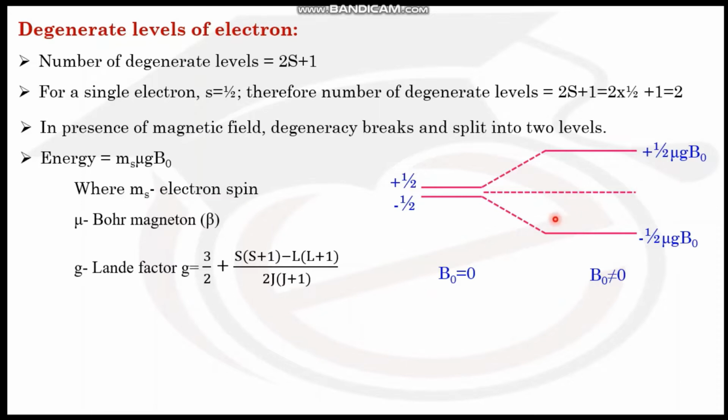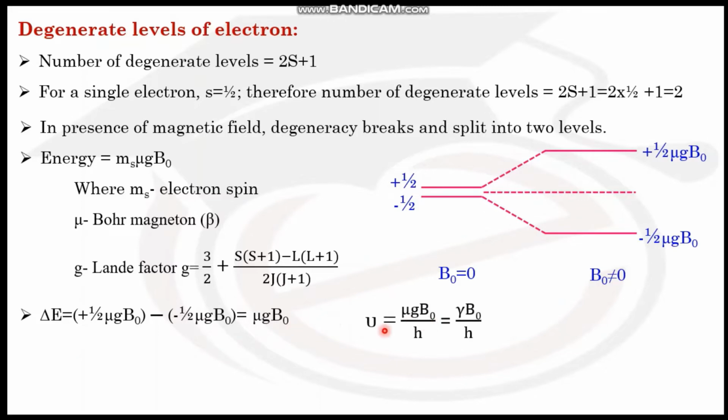Now we can find the energy difference between these two levels, upper level minus lower level, and we get a value of mu g B0. Then the energy difference, delta E, is mu g B0, and from that we get the frequency. Delta E equals h nu, so substituting that value we get the frequency mu g B0 by h.